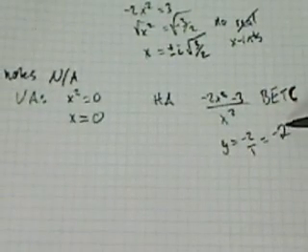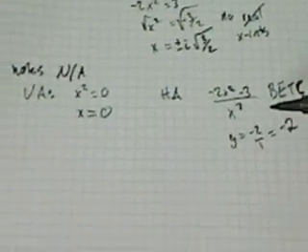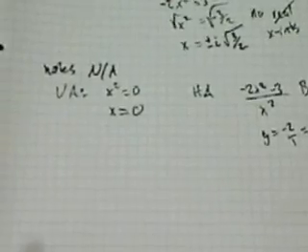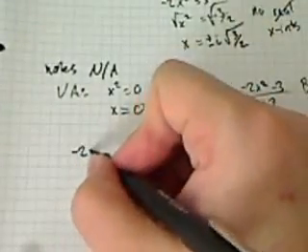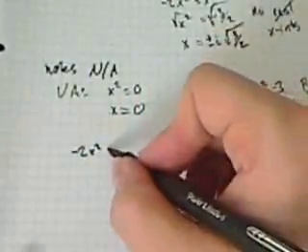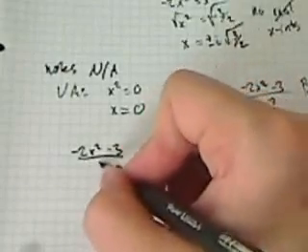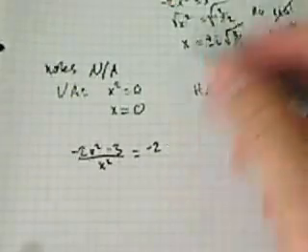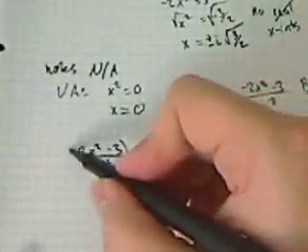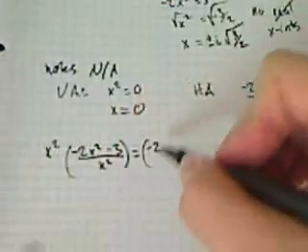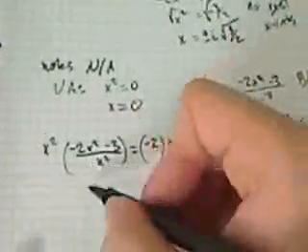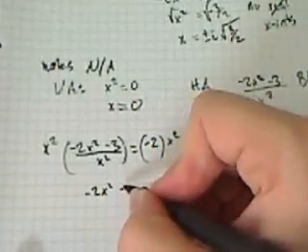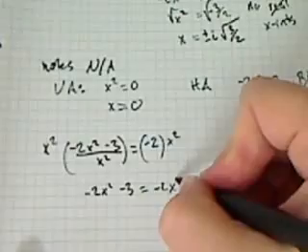Okay, let's check and see, will the equation ever equal -2? Will it cross the horizontal asymptote? So will (-2x squared minus 3) divided by x squared equal -2? To solve my equation, I'm left with -2x squared minus 3 equals -2x squared.